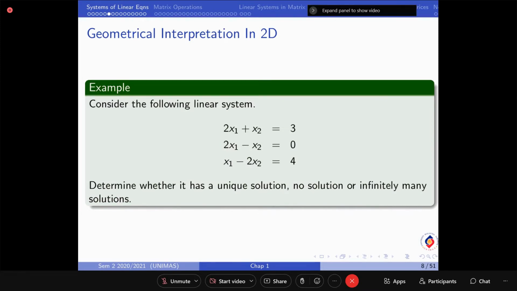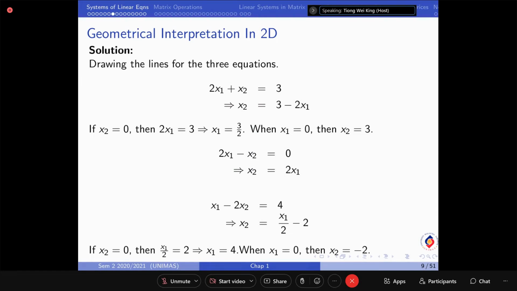Okay, so we continue with this. If we plot it manually, we look at the first equation. So this is our first equation: 2x1 plus x2 equals 3.